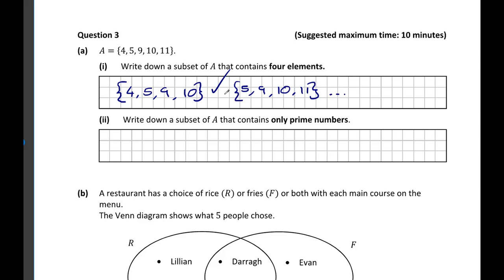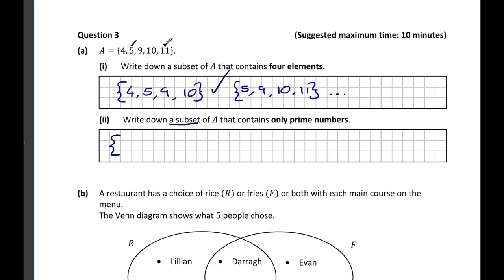All right. Write down a subset of A that contains only prime numbers. So it says a subset, okay? And it says only prime numbers. So it doesn't say all the prime numbers that are in it. So you could put down this. Well, what's a prime number here? Well, 4 is not prime. 5 is prime. 9, no. 10, no. 11, yeah.